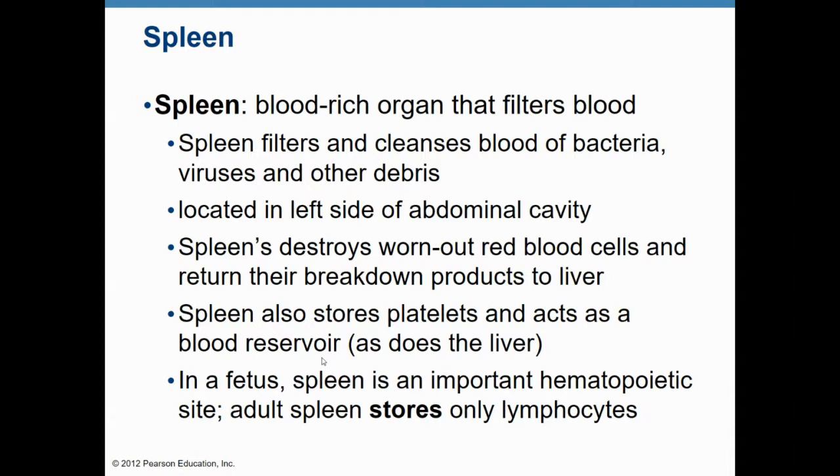Remember, hematopoiesis is the formation of blood cells. So in a fetus, our blood cells are mainly going to develop in the spleen, but the adult spleen only functions in storing lymphocytes. It no longer has hematopoietic characteristics. That's going to be the red bone marrow.